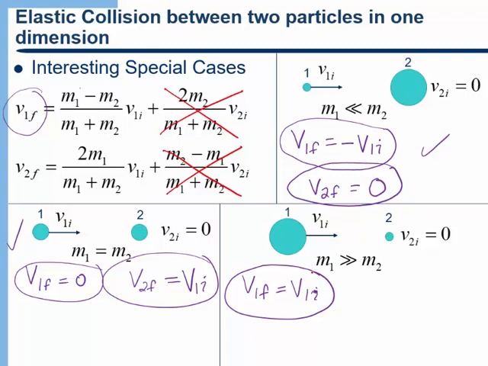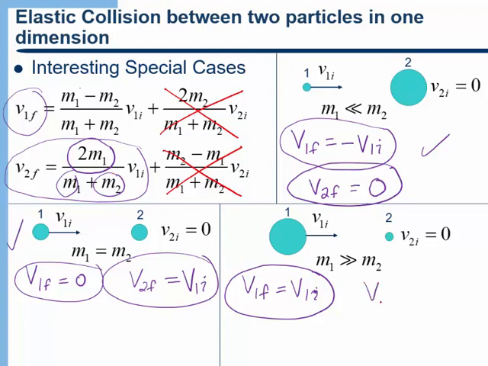But let's look at what the velocity of the little object will be. Notice here, again, m1 is the very big mass, so we have 2 times the big mass divided by the big mass plus an insignificant amount of mass. And so that fraction just simplifies to 2.